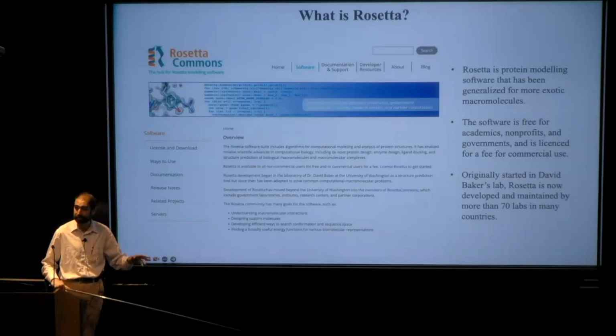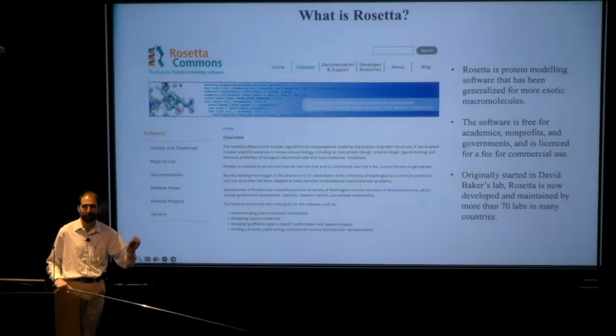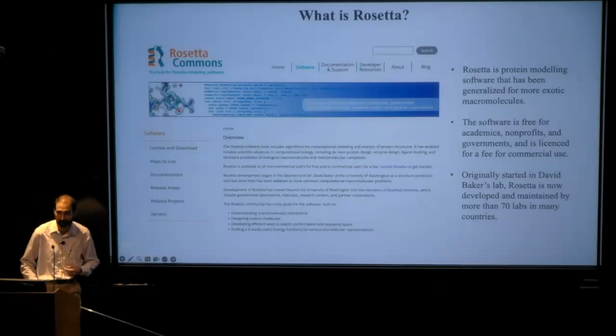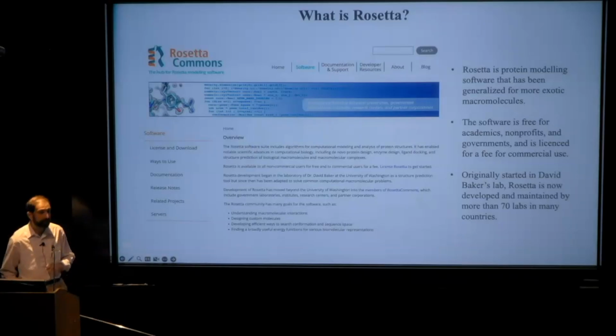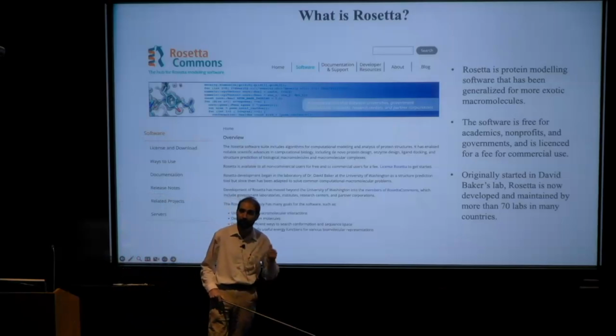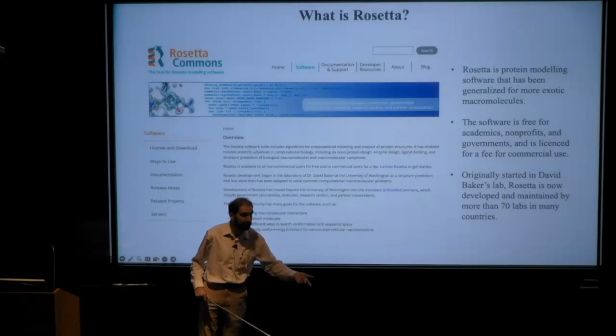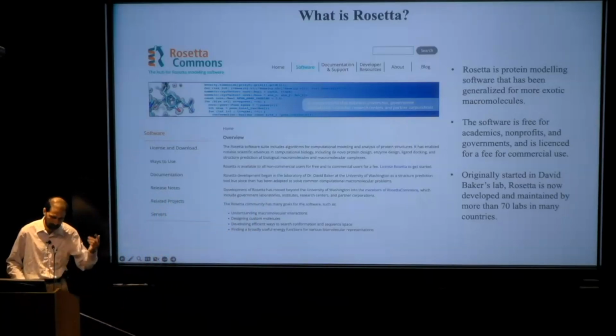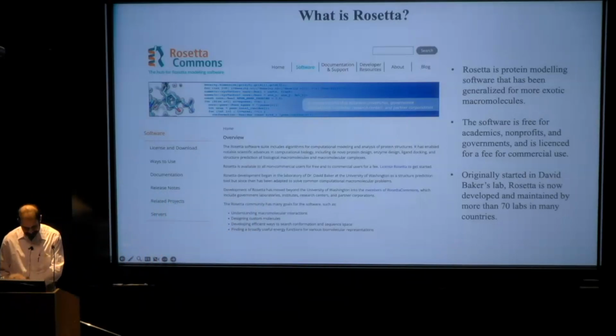For a lot of its history, Rosetta was very, very hard-coded to only work with the 20 natural amino acids. More recently, we've generalized it to work with more exotic building blocks and to try to turn it into a general heteropolymer modeling suite. The software is not open source, I should mention that. It is free for nonprofits, academics, and governments, but we license it for a fee to commercial users. And that fee pays for the Rosetta conference and a few other things.